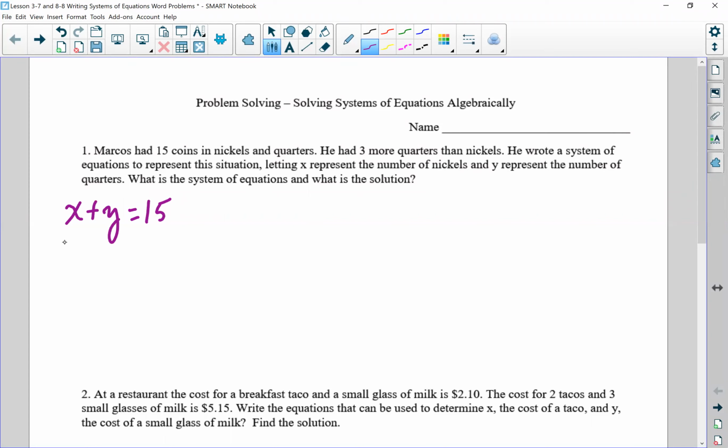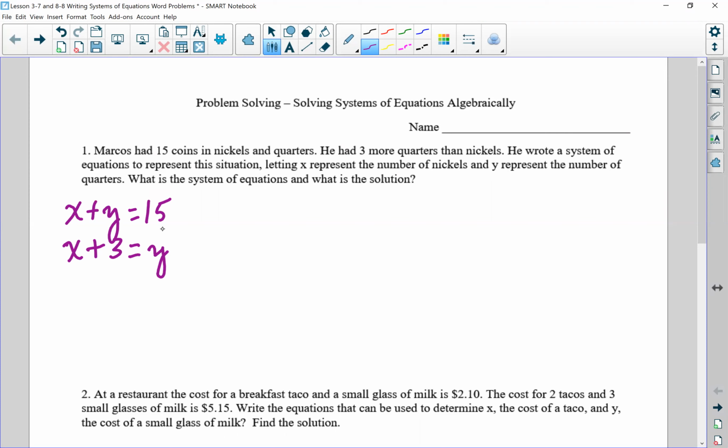So if I take the number of quarters and subtract 3, I get nickels. Or I could do X plus 3, nickels plus 3 equals quarters. And that's what I'm going to do. So those are my two equations.